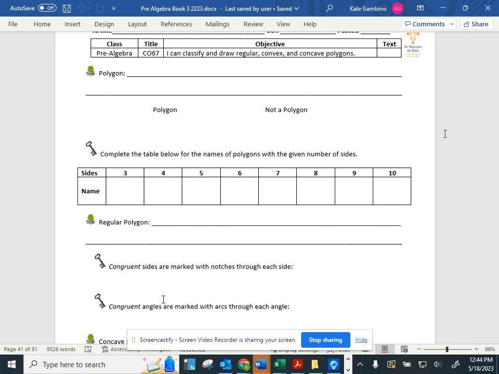So to start with, a polygon is a geometric figure made up of three or more line segments. It's important that it's a segment because it's closed shapes.